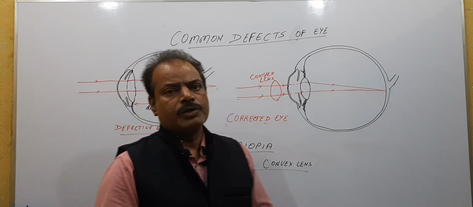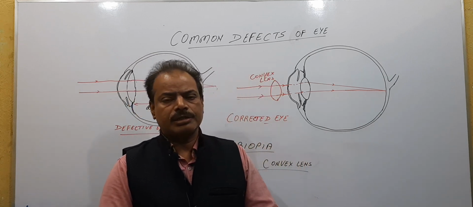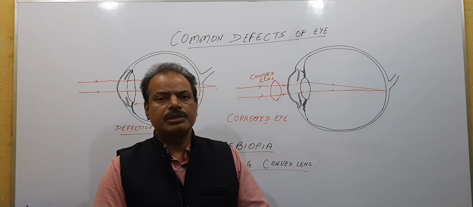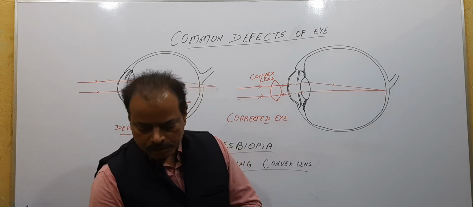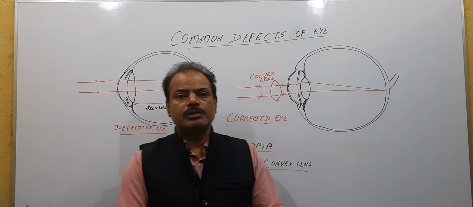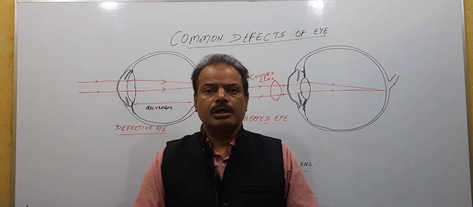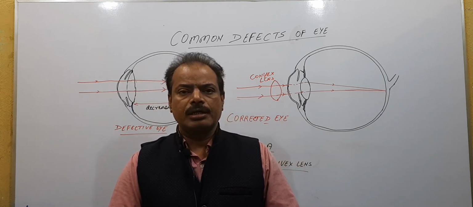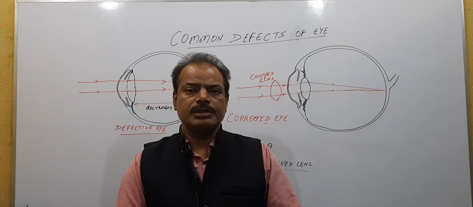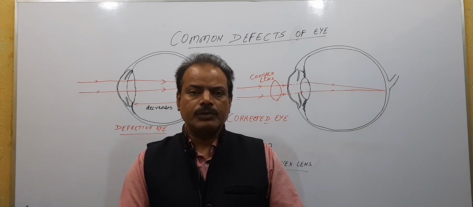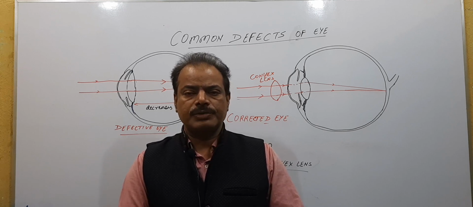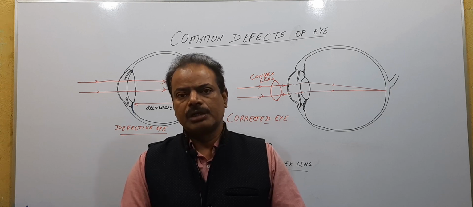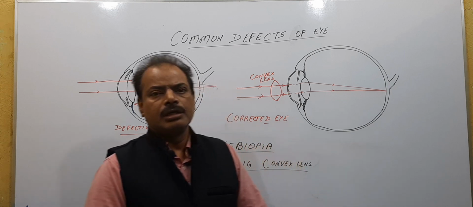Again, some more defects such as cataract, in which the lens becomes opaque due to deposition of some dead cells in the eye capsule in the aqueous humor as well as deposition of calcium silicate or calcium carbonate crystals on the eye lens.